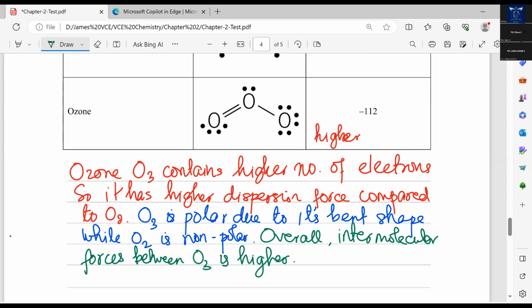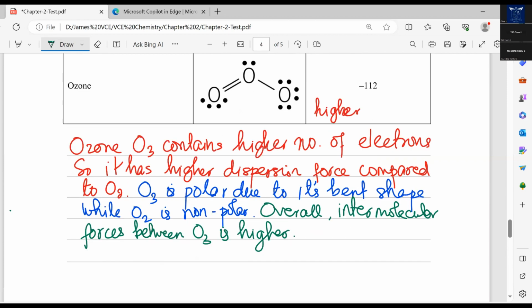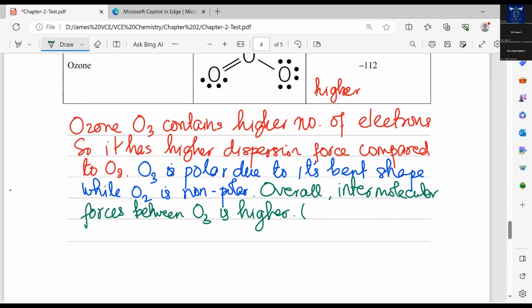So you will need more energy. Generally, even if you write down like this, you can get 3 marks. Okay, 3 key points. Maybe just say more energy is required to break them apart or move them apart. More energy is required.